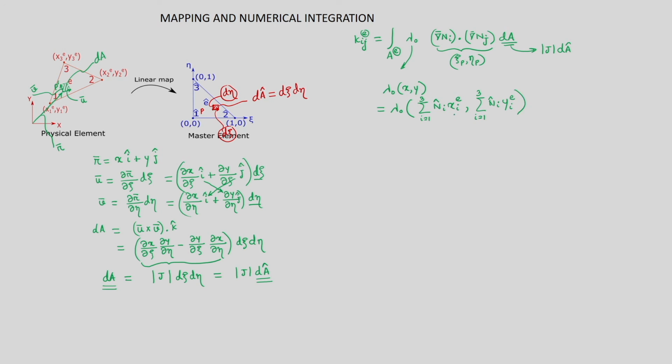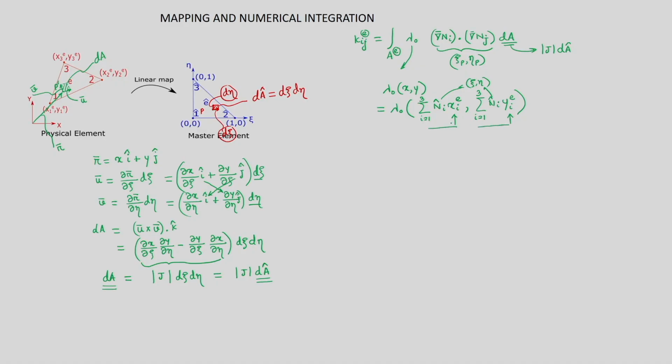If we remember, xi and yi are the coordinates of the vertices of the triangle, so those are constants, whereas Ni's are functions of xi and eta. So if we plug the values of xi p and eta p, we will get the corresponding x and y, from which you can evaluate the value of lambda 0 at a given Gauss point.